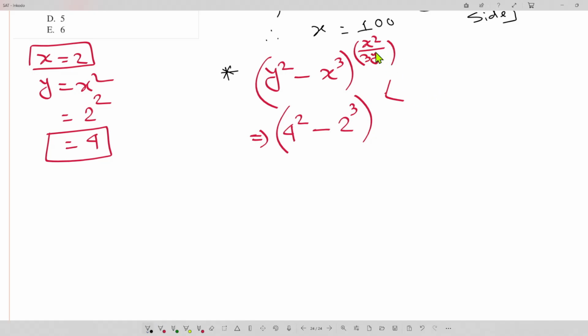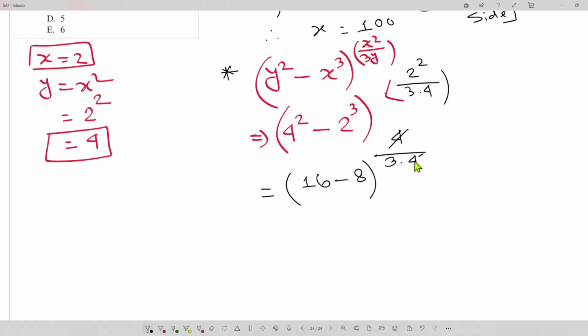So what does x square mean? x means 2, so it means 2 square, and 3 times y, which we already found is 4, so 3 times 4. Then 4 square means 16, minus 2 cube, which means 8, and here to the power 2 square means 4, and here is 3 times 4.